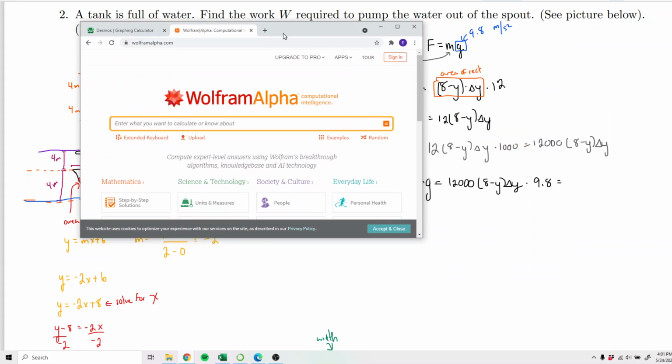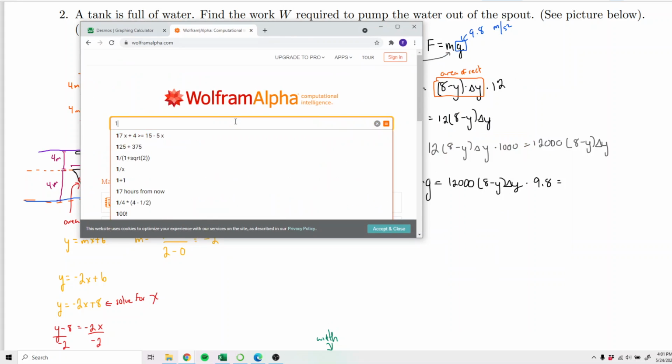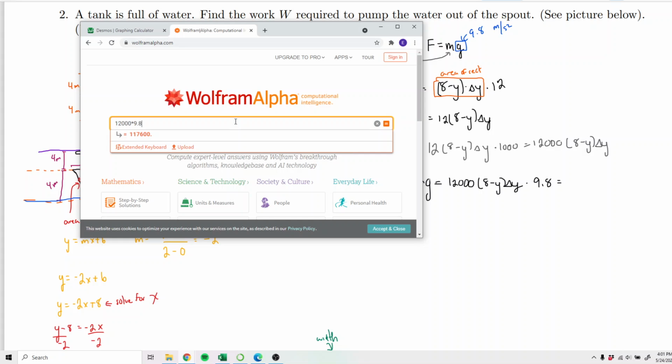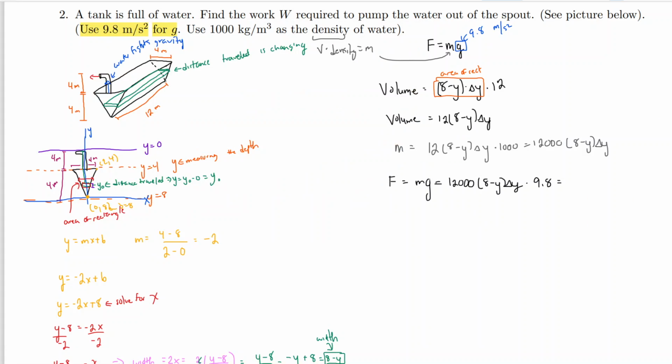Go ahead and grab a calculator. 12,000 times 9.8, 117,600. So finally, the force is 117,600, and that's just the numbers here. And then we have times 8 minus y times delta y.